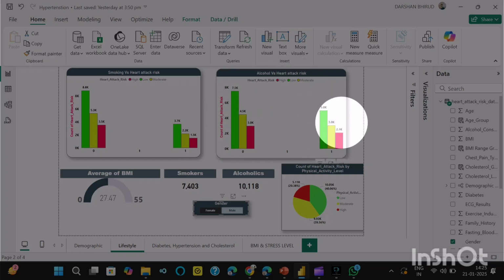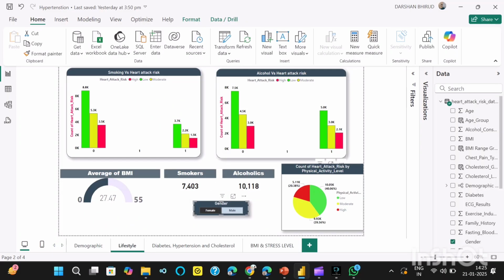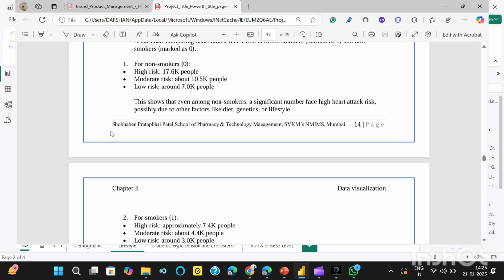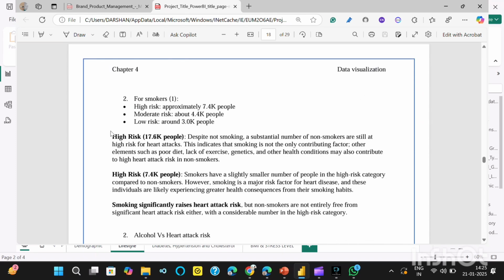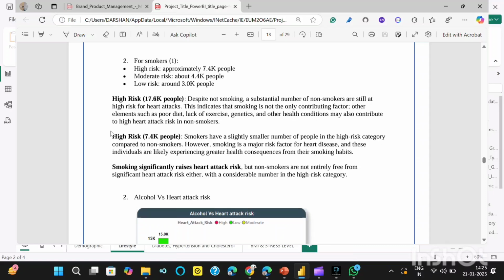This shows that even among non-smokers, a significant number face high heart attack risk, possibly due to other factors like diet, genetics, or lifestyle. We will look into it further.